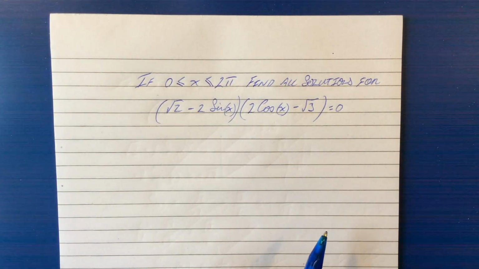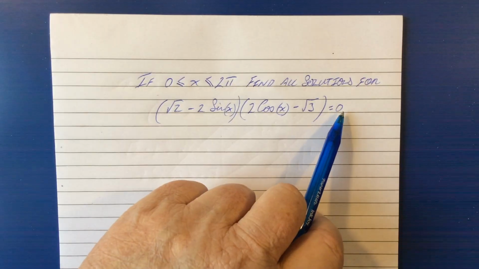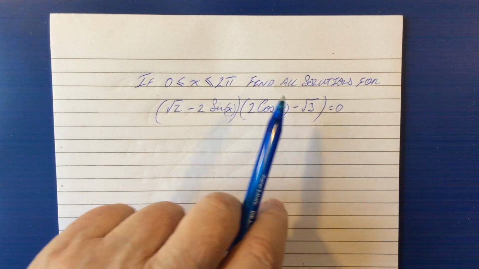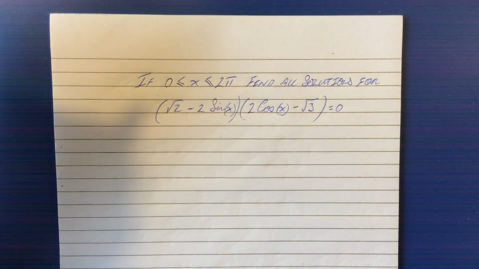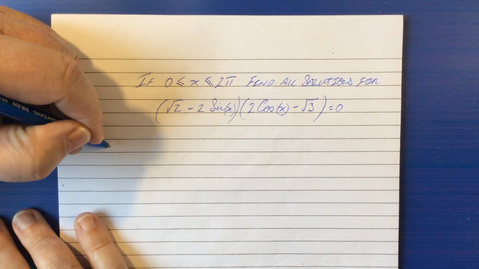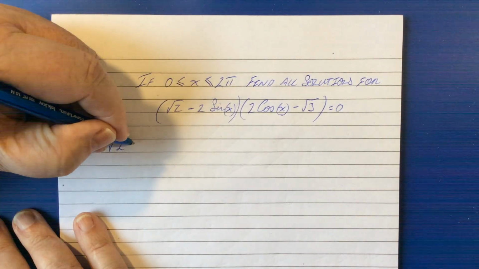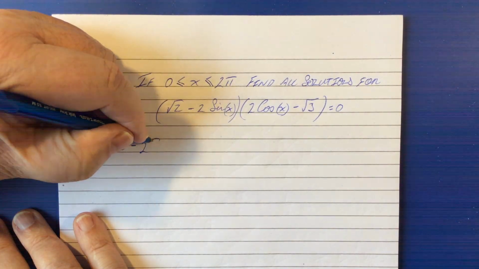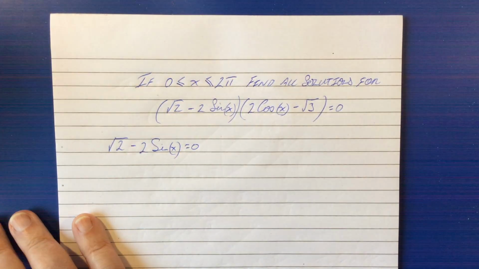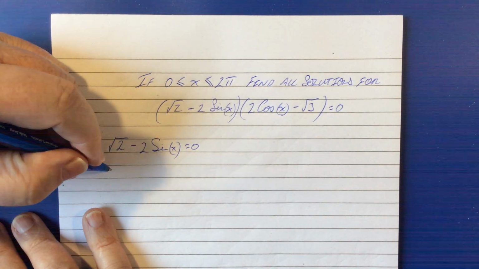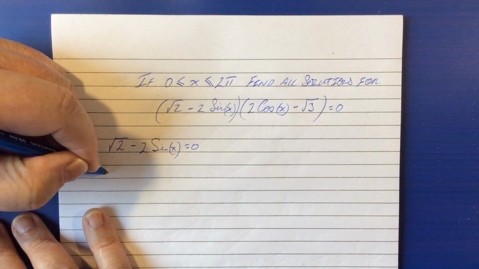Well, those of you familiar with quadratics know that in order to make this equal 0, we make this, or both of them, equal 0. So, let's set about doing the left-hand side. Root 2 minus 2 sine x equals 0. A little bit of manipulation here.